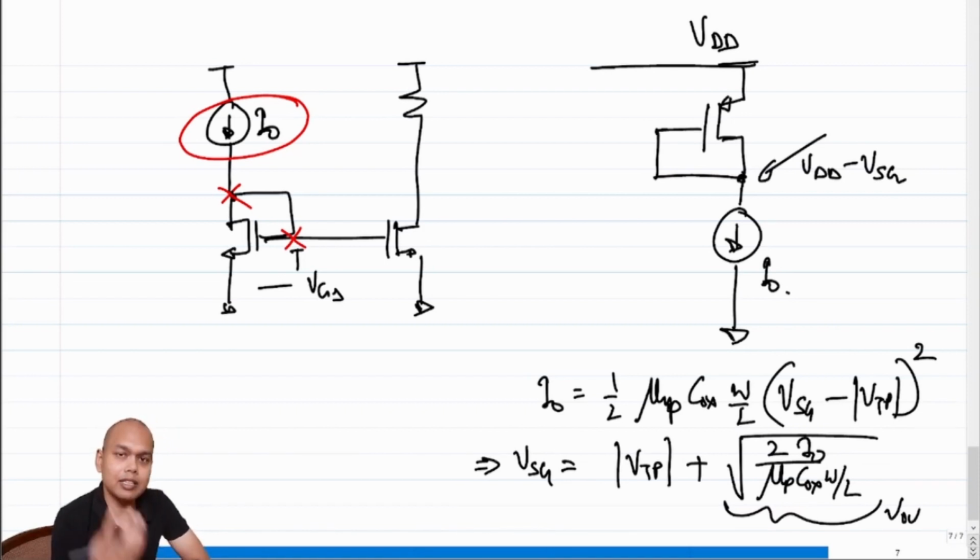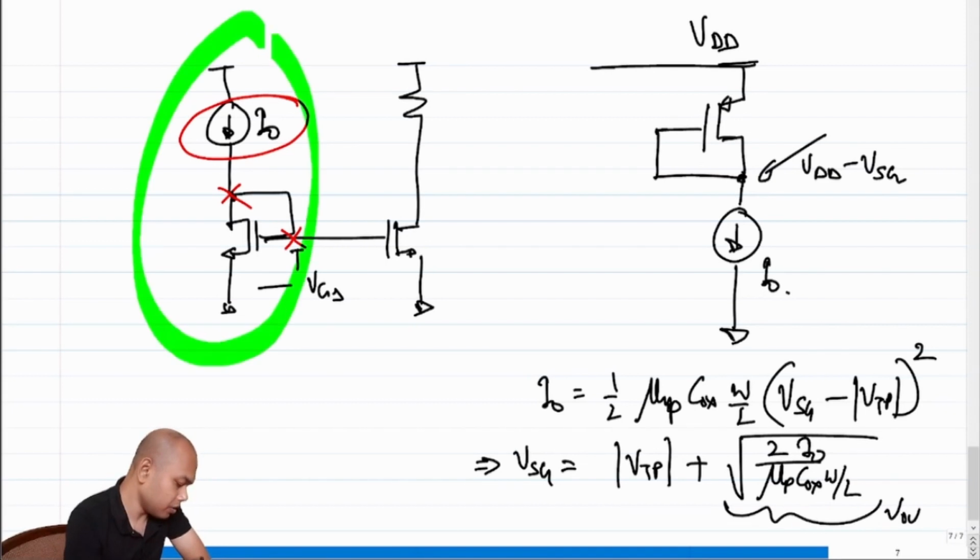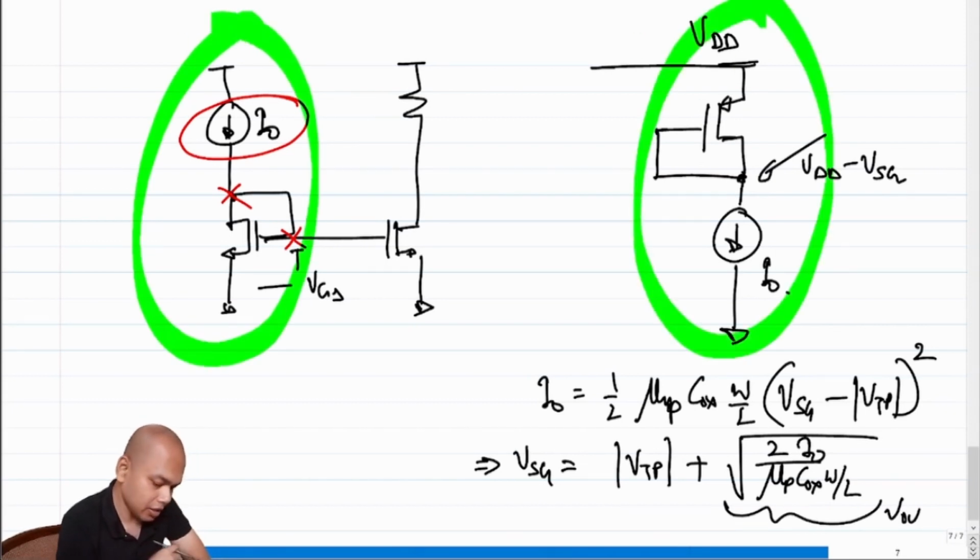This voltage will adjust itself in order to give us constant current, because this has been biased with a constant current source, correct? Okay. So this is as far as the equivalence of this structure and this structure is concerned, correct?